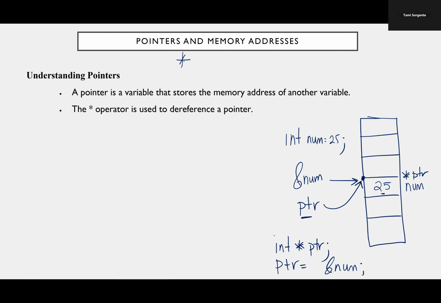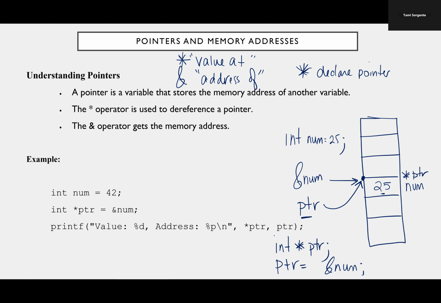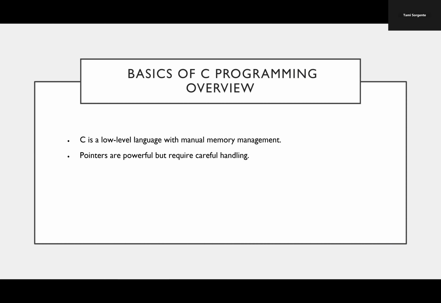So this symbol can be value at, and this symbol is for address of, and this symbol is also used to declare a pointer. So we will be learning more about this semester. So that's exactly what I just did. All right, so you have to be very careful when you are handling pointers because you don't want to point to nothing. The data type of the pointer must match the data type of what it's pointing to.